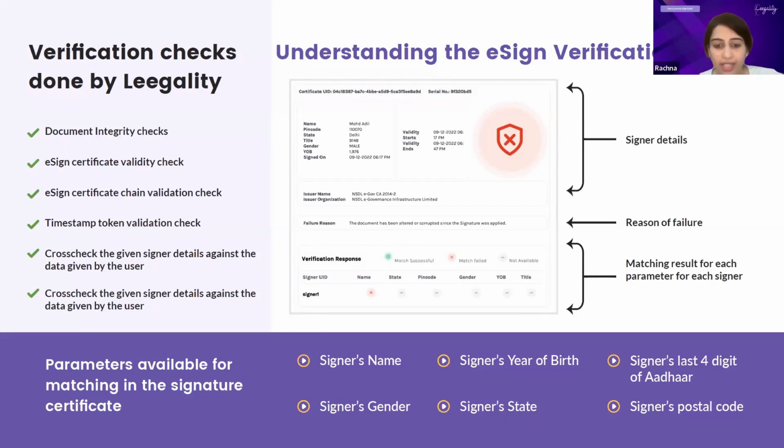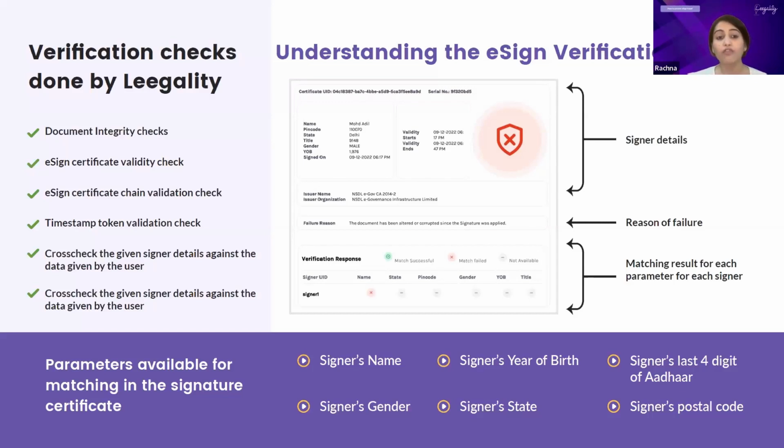Now, the matching results that I showed you were parts of the verification report, and the checks have been explained by me in bits and pieces while showing the demo as well. But just to summarize them here, we do document integrity checks, which means we make sure the document is not tampered with after signing.